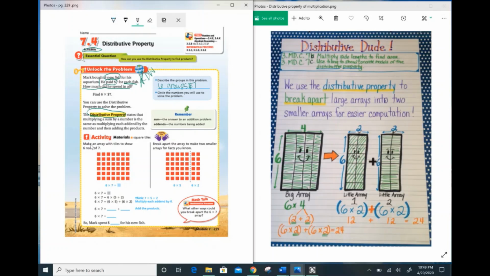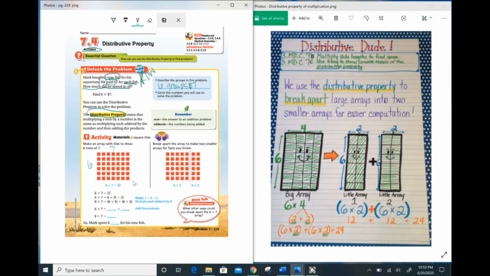So, our activity, we know this is an array of 6 rows of 7. So I know I have 6 rows here and 7 columns there. Now I'm going to use the break apart method. Remember, right here they break up 6 times 4 into 6 times 2 plus 6 times 2.